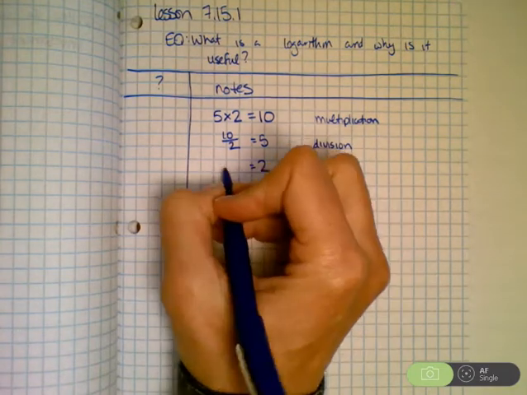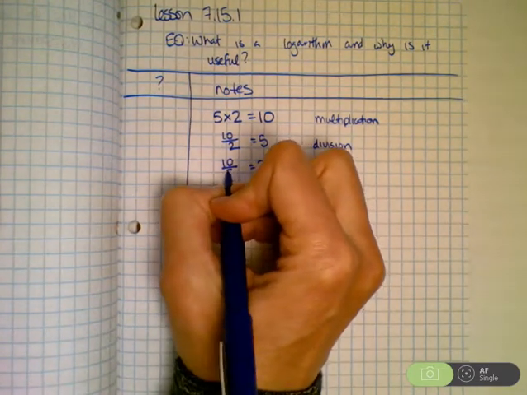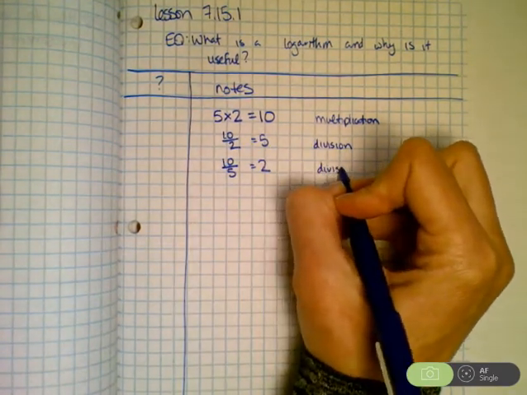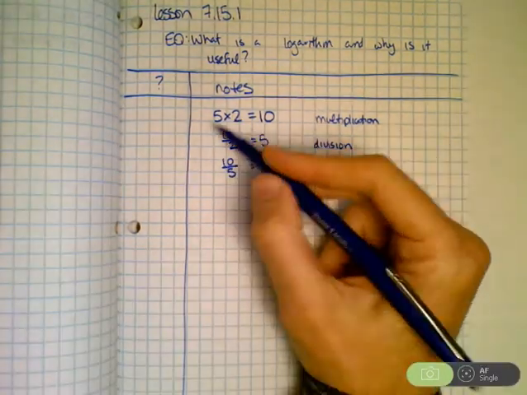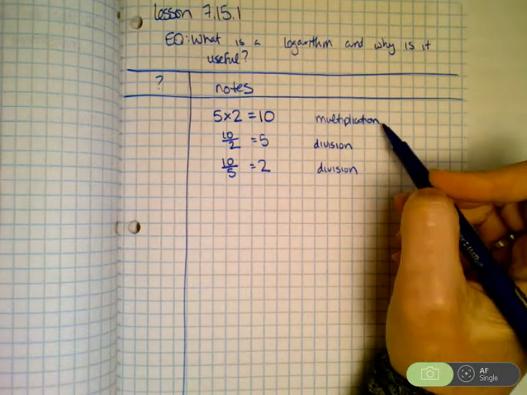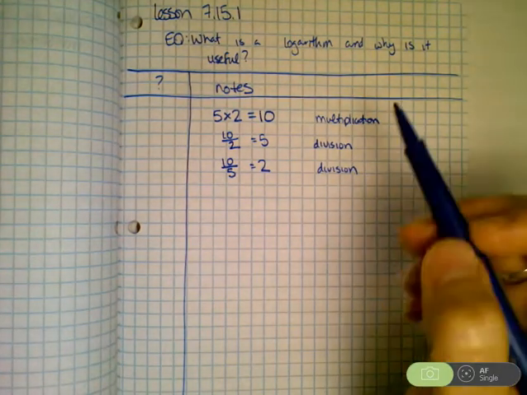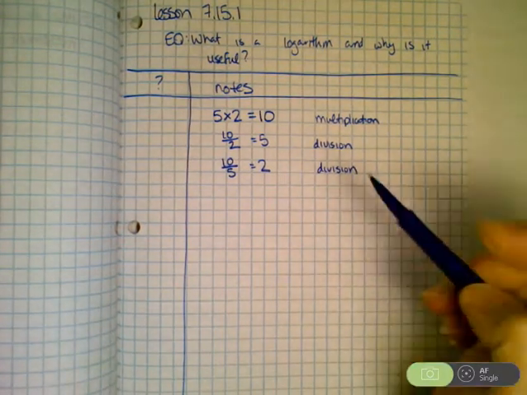If you wanted to get back a 2, you would still do division and you do 10 divided by 5 equals 2. So these are kind of like fact families you might have done in elementary school. Addition and subtraction are inverse operations, multiplication and division are inverse operations.